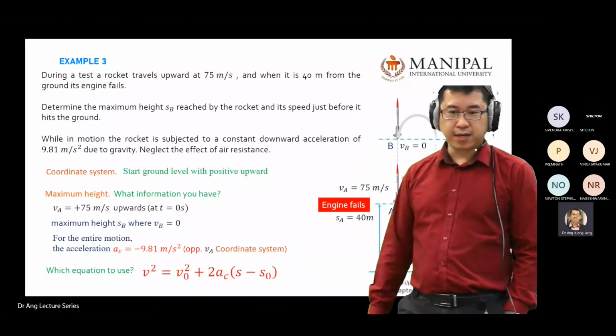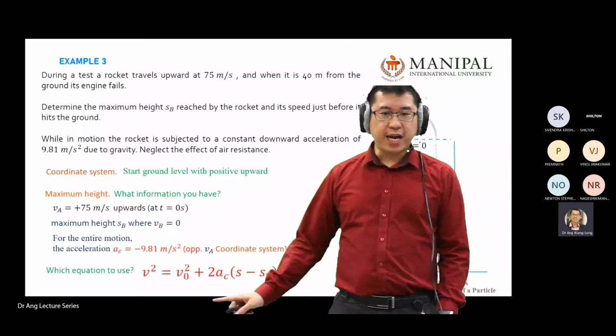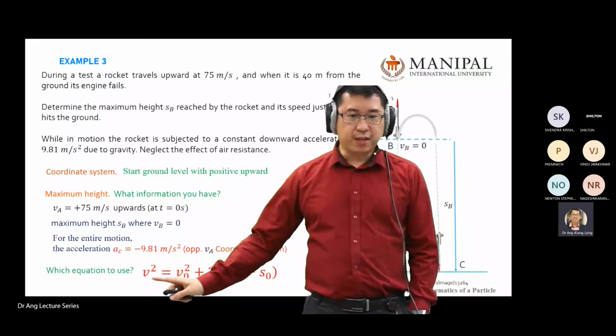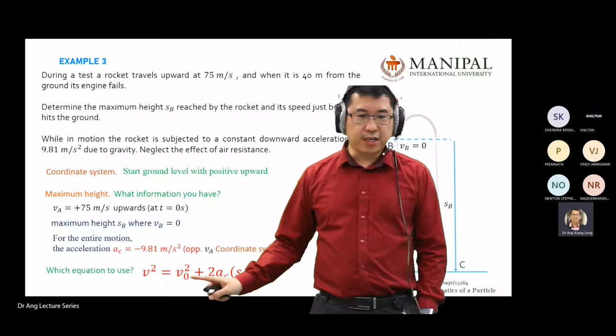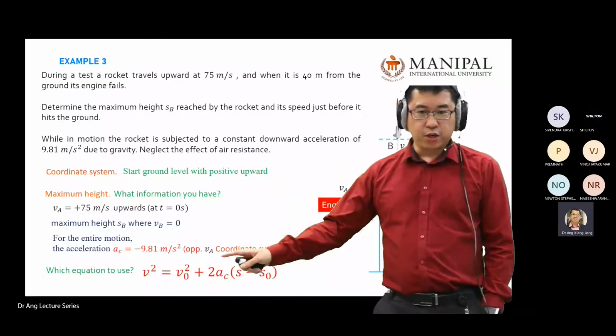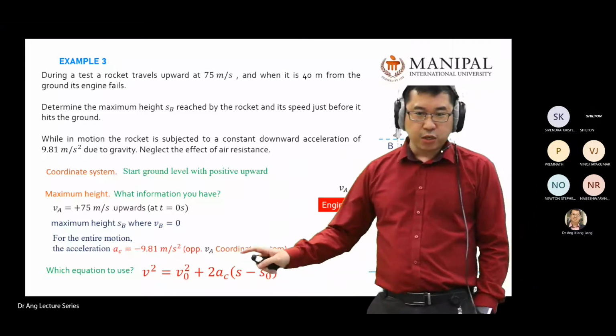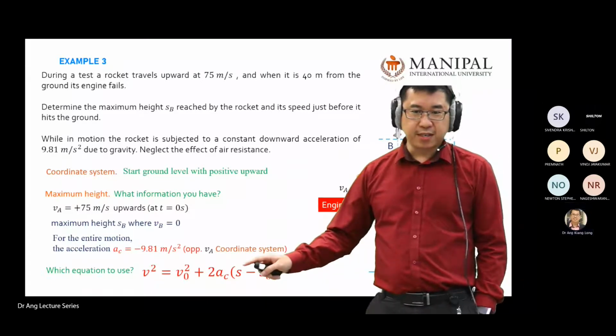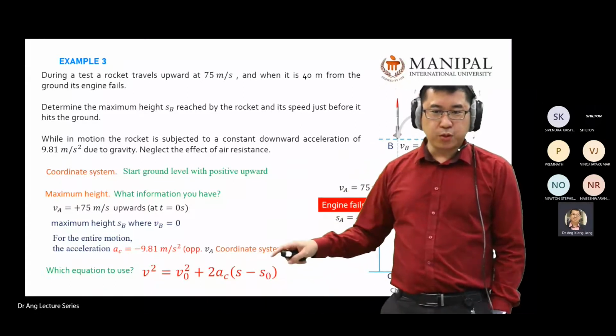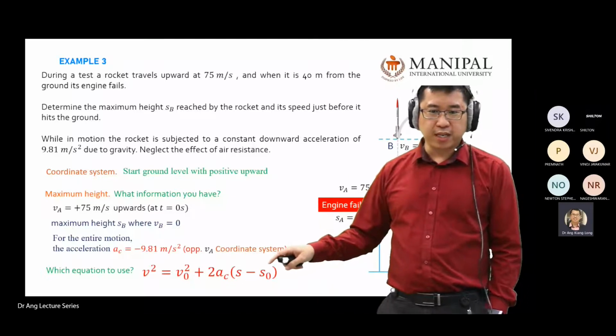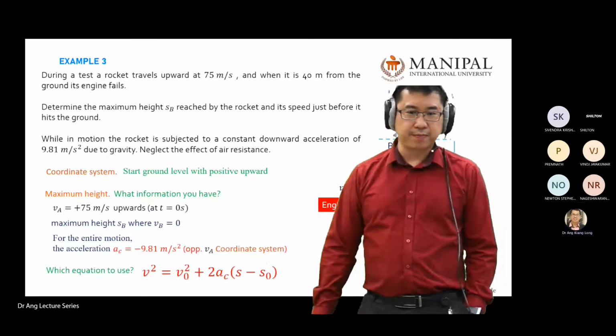Okay, with this one. Why? Because in this equation, you have the final velocity, you have the initial velocity, you have the constant acceleration. You don't know the last location, but you know your initial position.